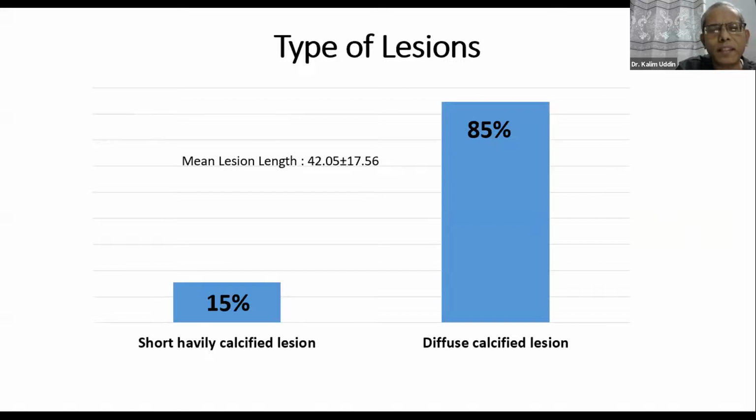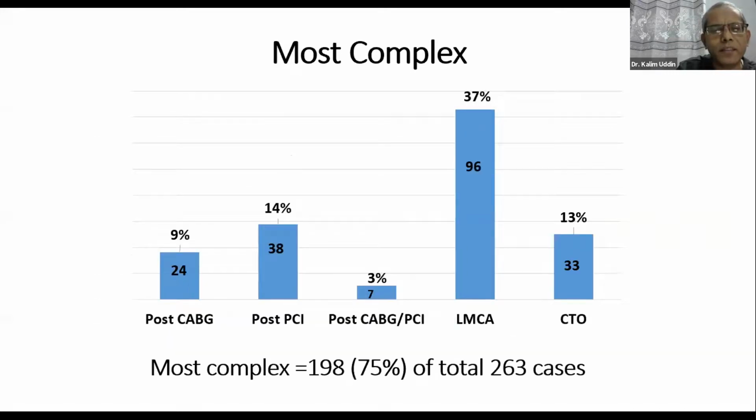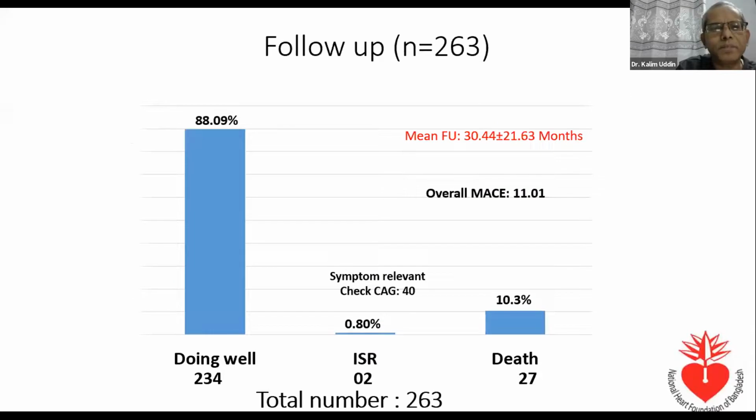In 85% of cases there was a diffuse calcified lesion, and 75% were complex cases, and we used IVUS in 27% of cases. Mean follow-up was 30 months, and 88% of patients were doing well. Symptom-relevant checking angiography was done in 40 patients, and ISR was found in 0.8% of cases. Mortality was 10.3%, and overall MACE was 11.1%.